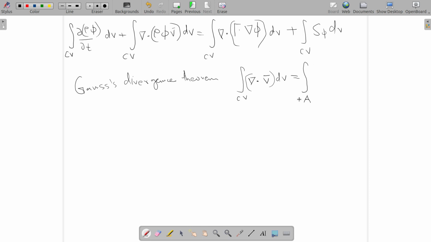So the boundary surface, if we integrate n dot v dA, n being a unit vector perpendicular to the boundary surface.